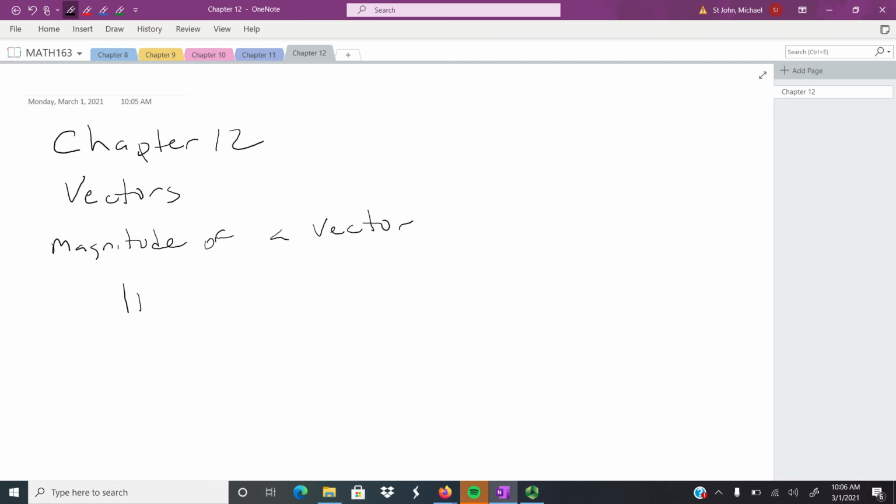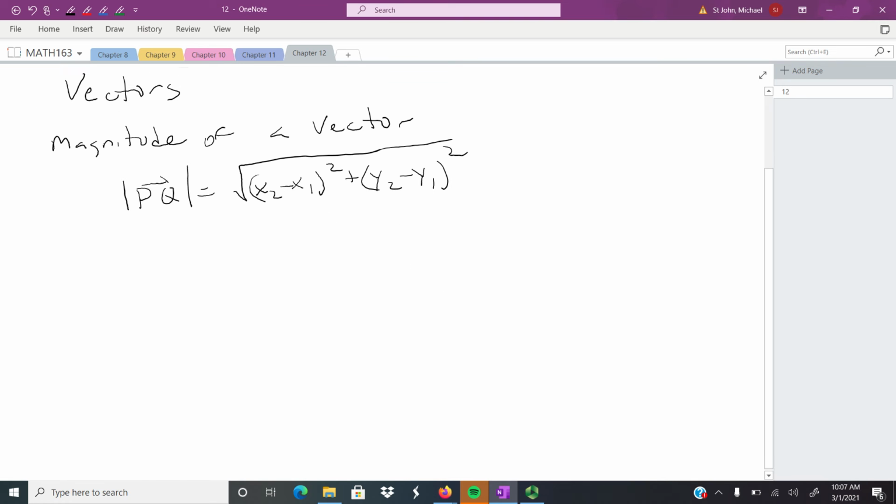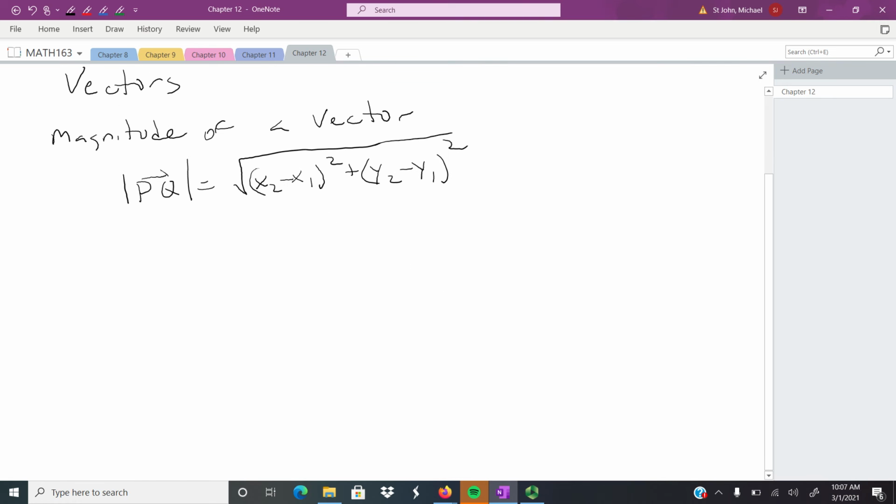So the magnitude of a vector, whatever that vector may be, is going to be given by the square root of x2 minus x1 squared plus y2 minus y1 squared. And if it's a position vector, it means that one point is at the origin.